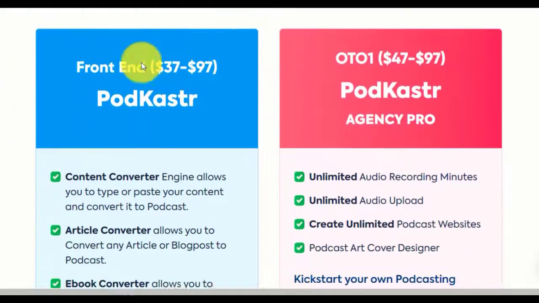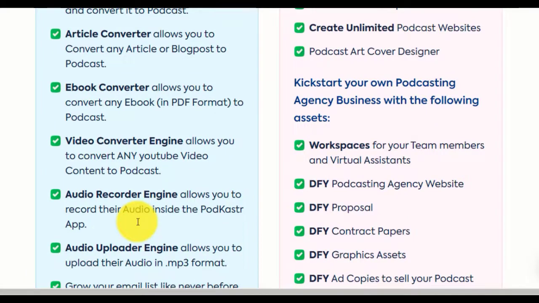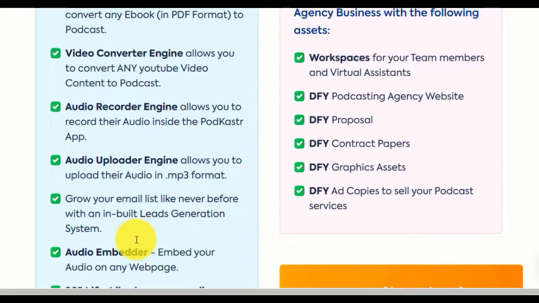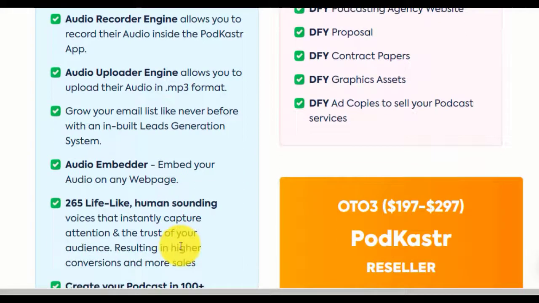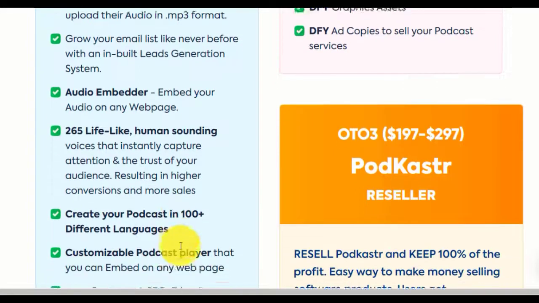On the front-end side of Podkastr, you get access to the content converter, article converter, ebook converter, video converter engine, audio recorder engine, and audio uploader engine. And you can grow your email list with the inbuilt leads generation system. You get access to the audio embedder, 265 lifelike human sounding voices, create your podcast in over 100 plus different languages.